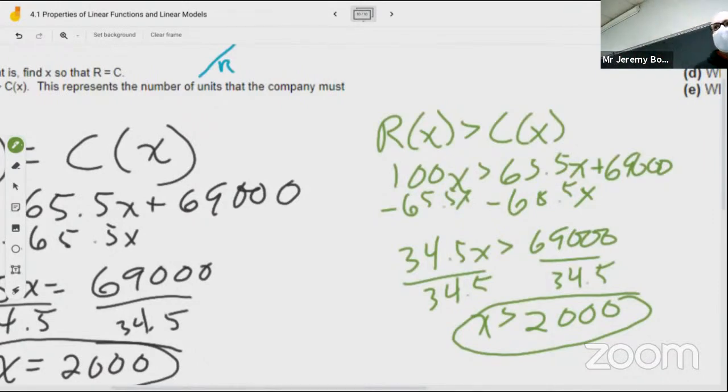If we make and sell 2,000 units, we're breaking even. If we make and sell less than 2,000 units, we're losing money. We're going to be in what they call the red, right? Our costs are going to be higher than our revenue. And so we want to make and sell greater than 2,000 items to make a profit.